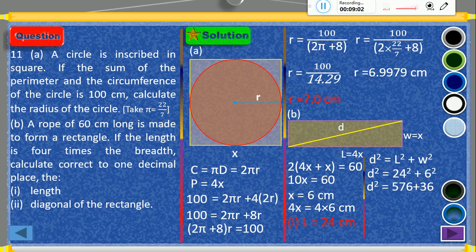D squared is equal to 576 plus 36. So D squared is equal to 612. D is equal to square root of 612, which when you use your calculator, you get D is equal to 24.74 centimeters, which can be rounded up to 24.7 centimeters to 1 decimal place.